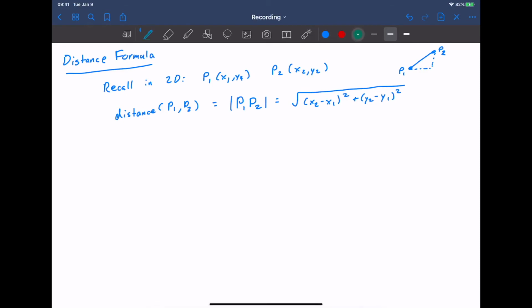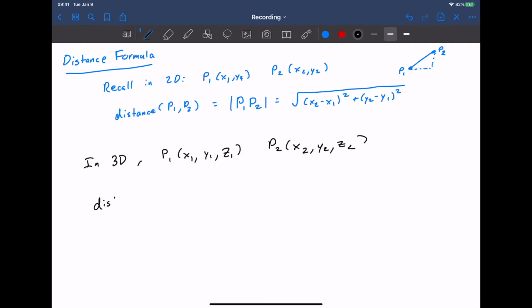So luckily for us, in 3D, this works the same way. In 3D, our points would have 3 coordinates, and you would do exactly what you think you would do.